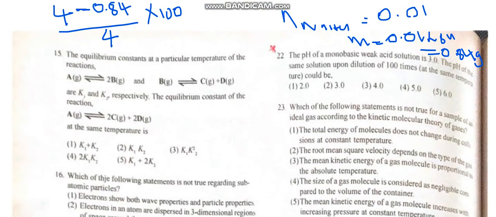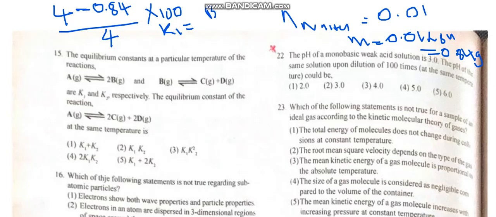15th one: the equilibrium constants at a particular temperature of the reactions are K1 and K2 respectively. First we'll write for K1. We know the equilibrium constant K1 is equal to the concentration of the product raised to its power.